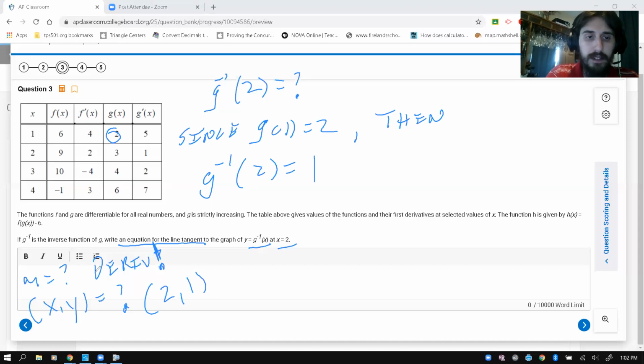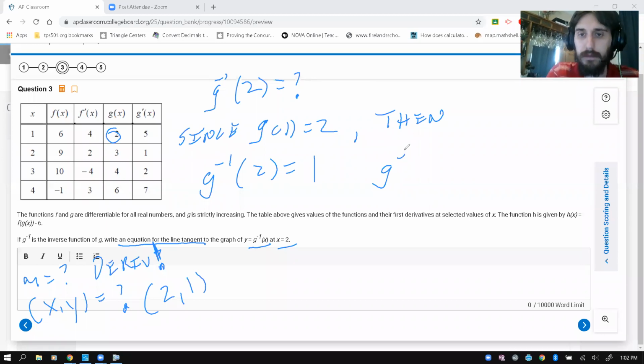To find the slope, we need to take the derivative. The derivative of an inverse function, I always mess up with my ideal notation for this.